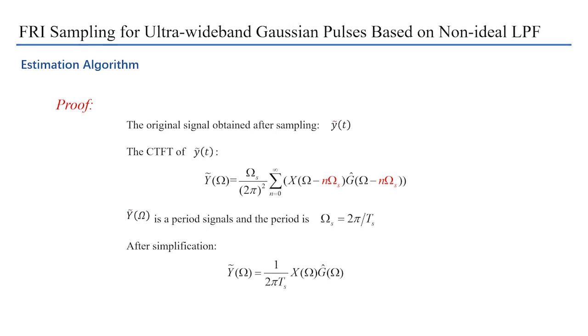When the sampling frequency satisfies Fs greater than 2 times F, where F is the cutoff frequency of the non-ideal LPF, according to the Nyquist sampling theorem, we can avoid frequency aliasing, and its frequency domain information can use a pointer to complete it.